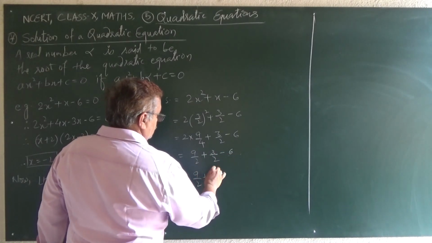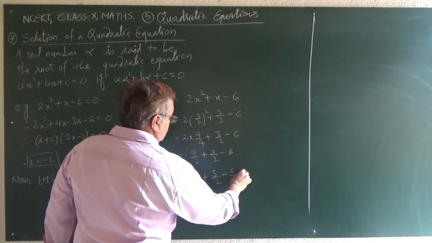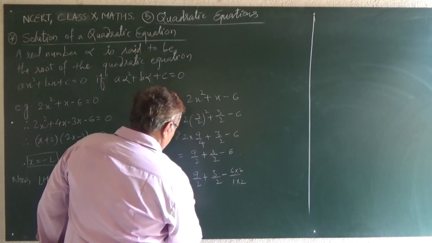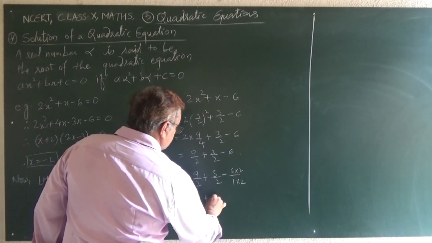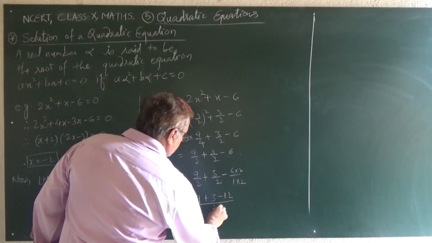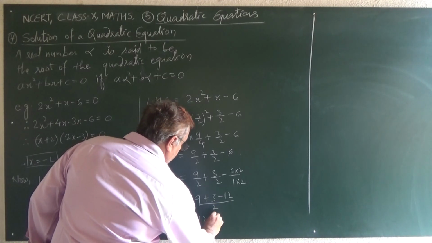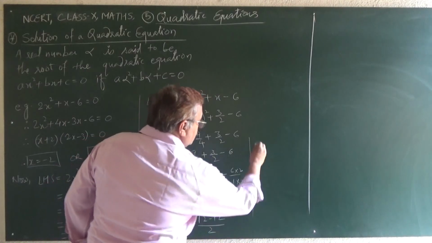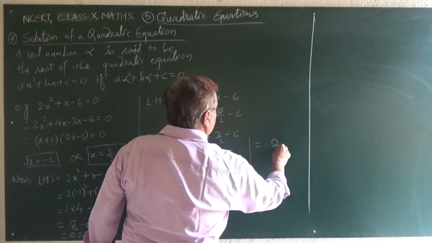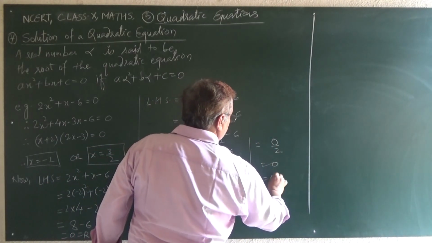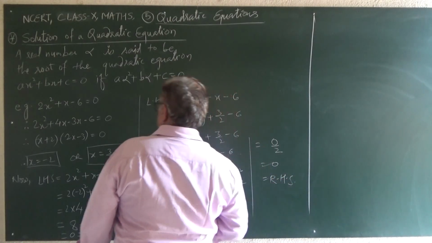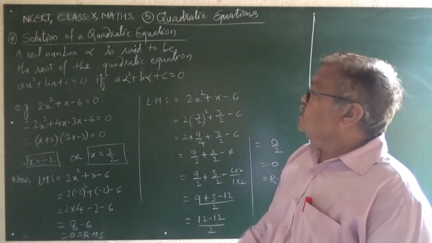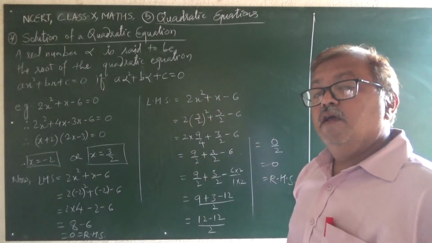Now here the denominator is 1, so we will make it 2. So this will become 9 plus 3 minus 12 upon 2. So 12 minus 12 upon 2, that is 0 upon 2, and that is 0. So you can say x is equal to 3 by 2 is also a solution of the given quadratic equation.